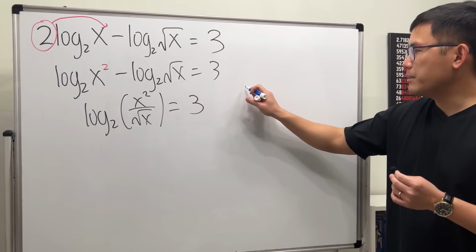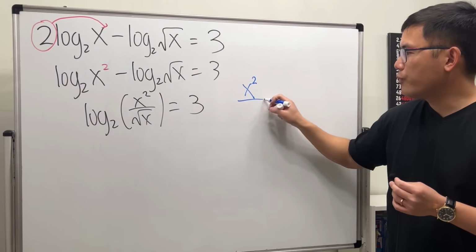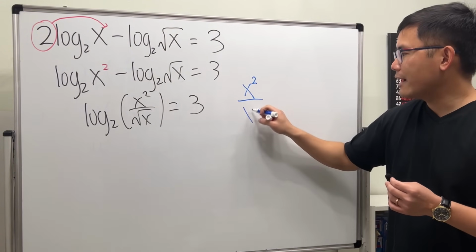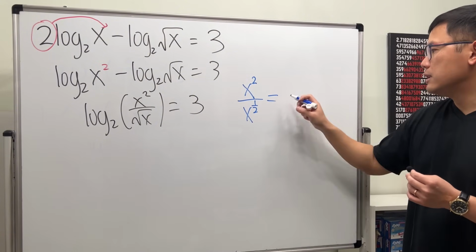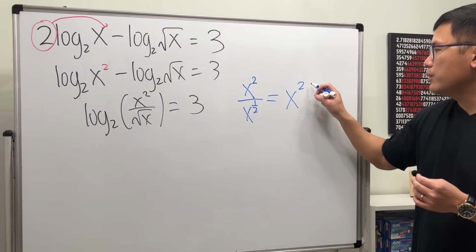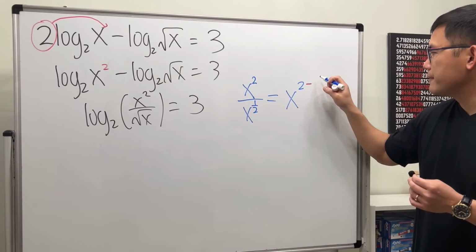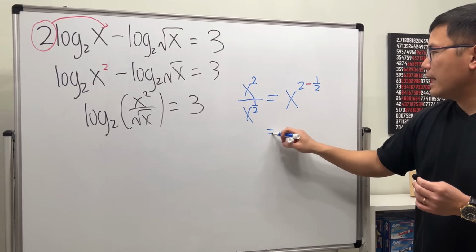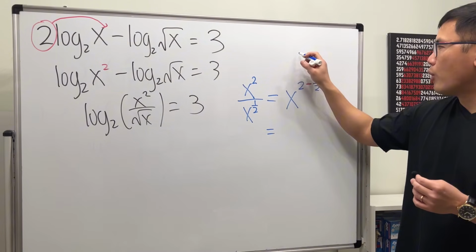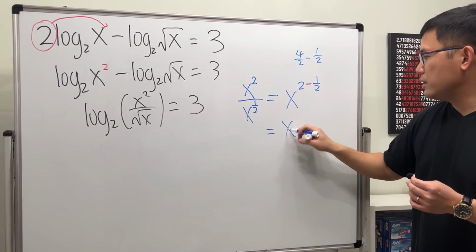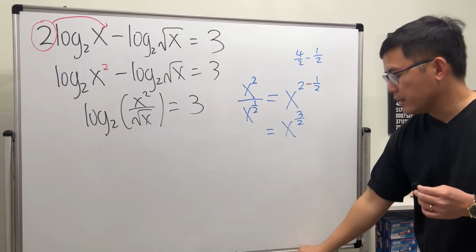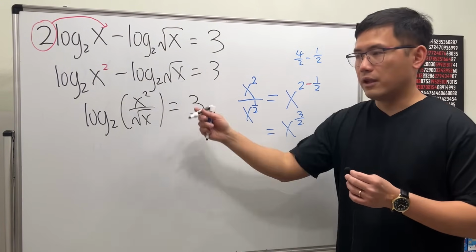This right here is the same as x to the second power over x to the 1/2 power. So we can just subtract the exponents. This will be x to the 2 minus 1/2. Work that out. This is the same as 4 over 2 minus 1 over 2, so we get x to the 3 over 2. And that goes inside of the logarithm.